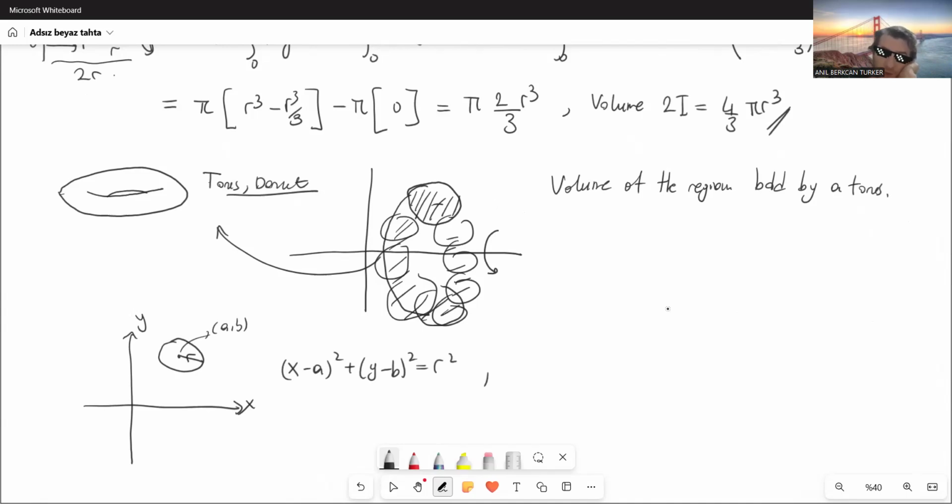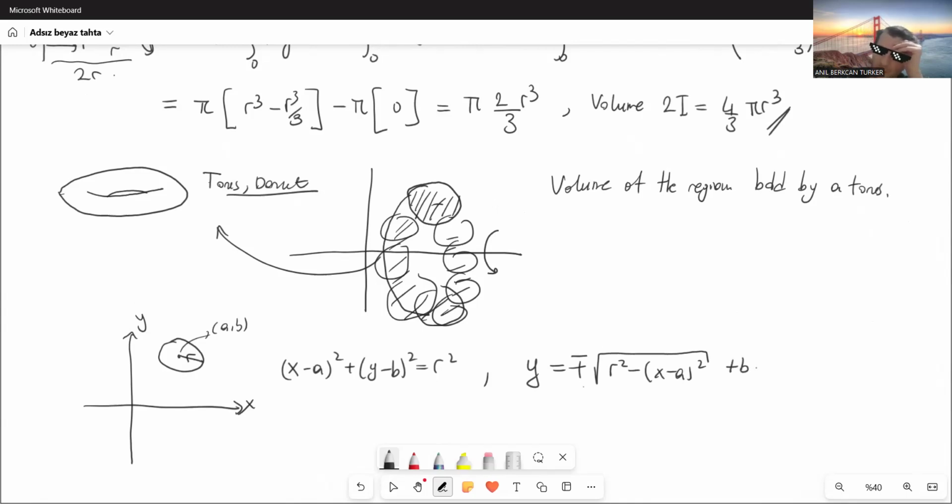So in terms of y, it's y equals the square root of, of course, we will have two parts, plus and minus, r squared minus x minus a squared, plus b.